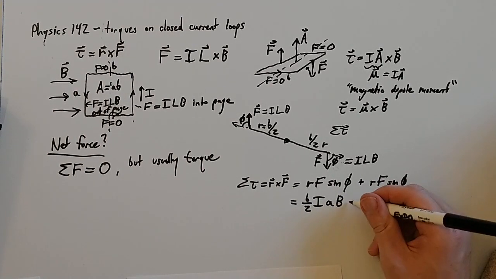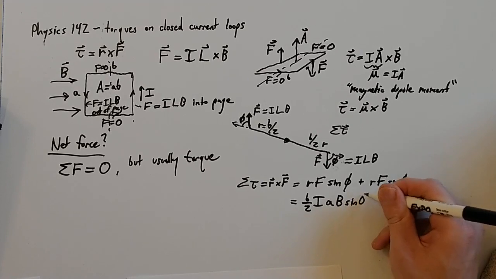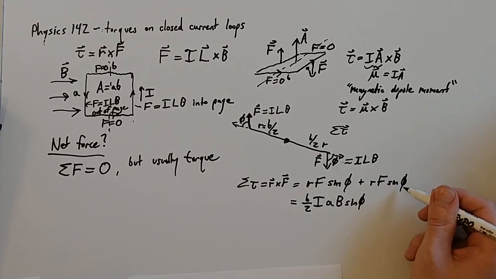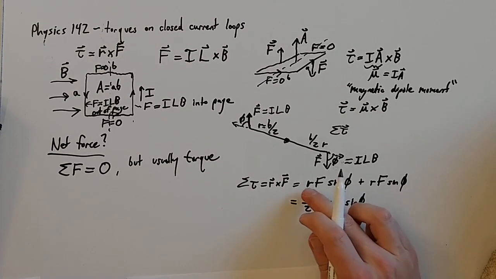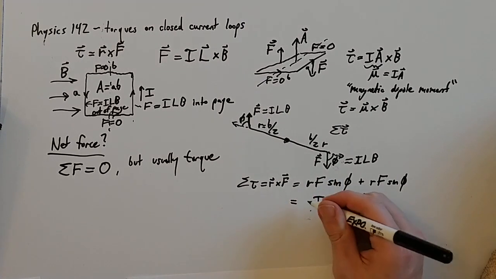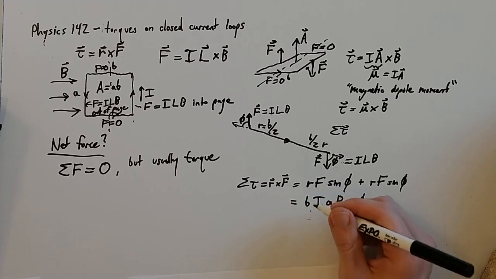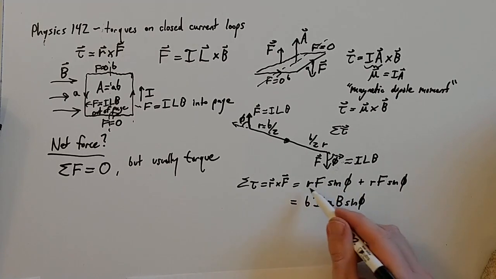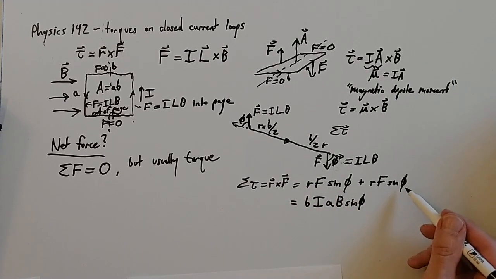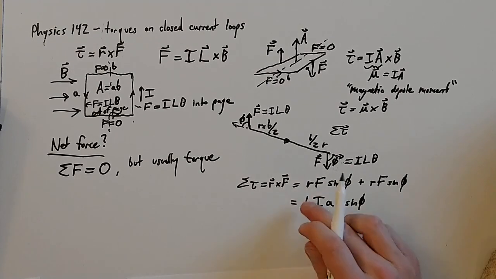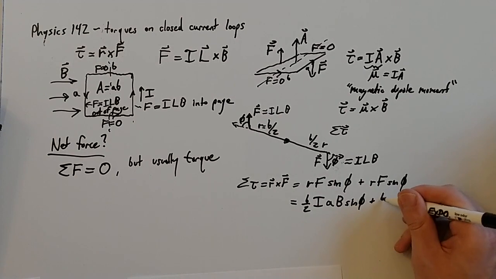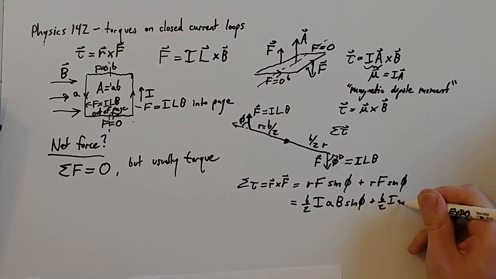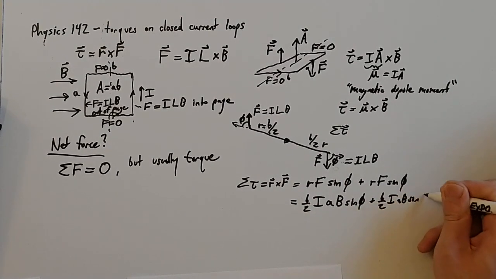And then we still have the sine of the angle between them, and it will be the exact same for this term, so I'm actually going to get two of those, which when I add them together will just cancel this factor of 2. Let's be clear: B over 2 plus another B over 2, times I A B sine phi.